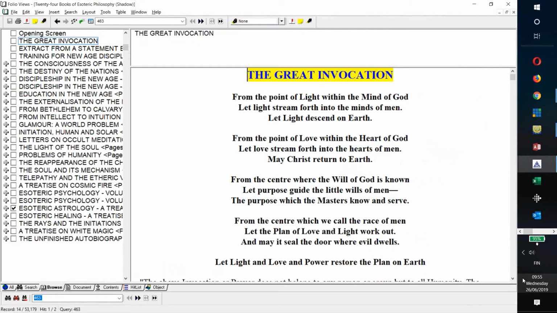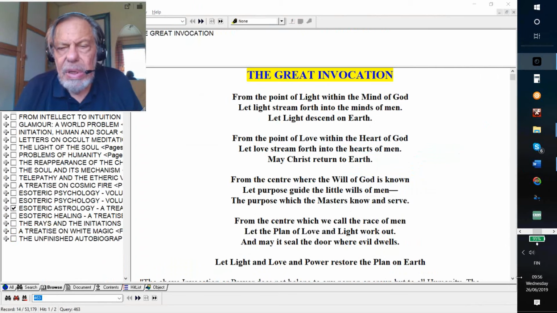From the center where the will of God is known, let purpose guide the little wills of men, the purpose which the masters know and serve. And from the center which we call the race of men, let the plan of love and light work out, and may it seal the door where evil dwells. Let light and love and power restore the plan on earth.